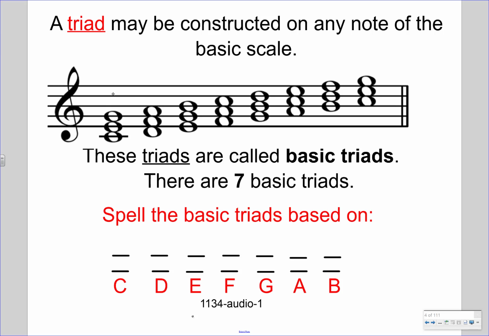So we're dealing with this one. Our lowest note is C, and we go up a third, so our middle note will be an E. Up a third from the E would be a G. What I would like you to do now is spend a minute spelling the rest of these basic triads.